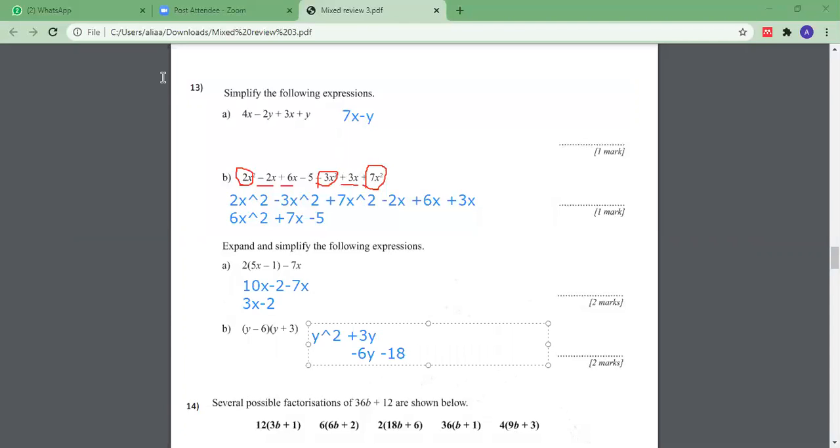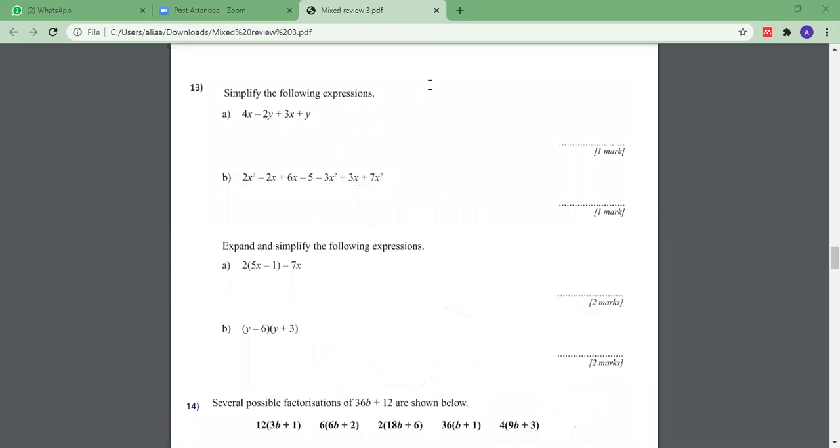Okay, I will add the like terms first, so it will be y power 2 minus 3y minus 18. Okay, let's see the next question.